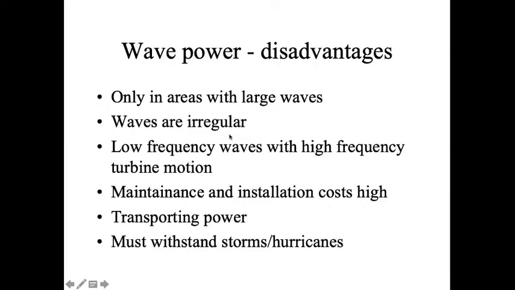Waves are irregular. You can't count on this for a constant supply of energy. We have low frequency waves with high frequency turbine motion, which essentially means that our waves aren't always coming in fast enough to turn the turbine.